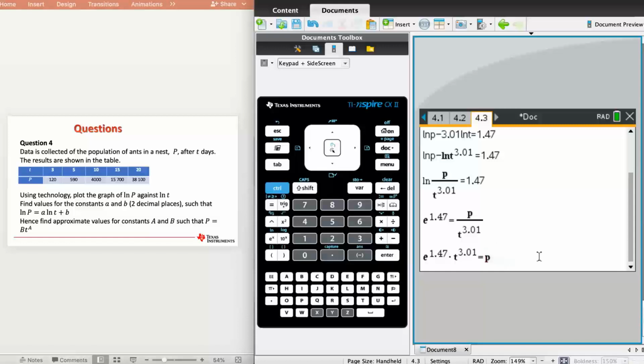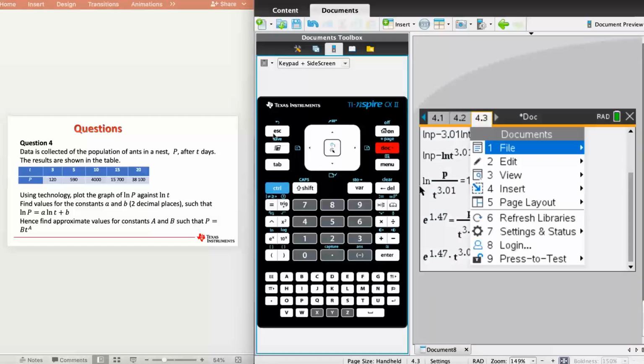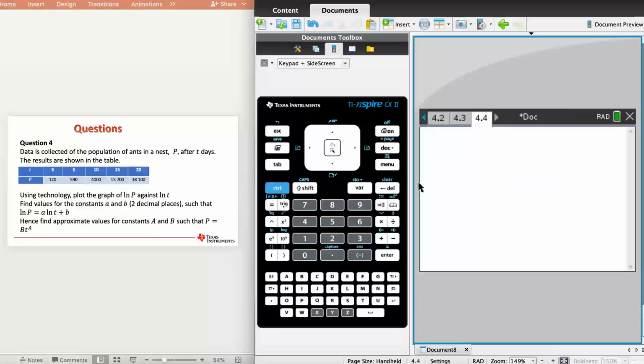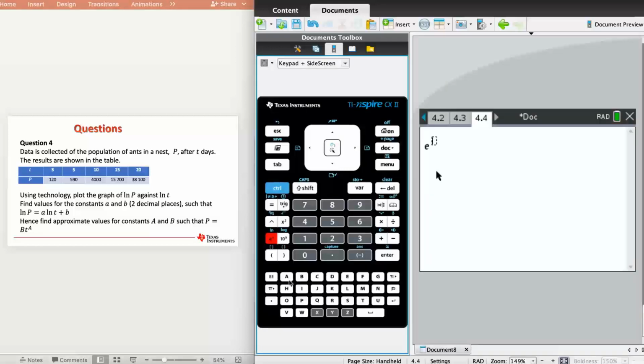Evaluate e to the 1.47. We'll need a calculator page for that. We don't have one yet, so I'm going to insert a calculator page. I'm evaluating e to the 1.47, which gives me 4.35, rounding to 2 decimal places.